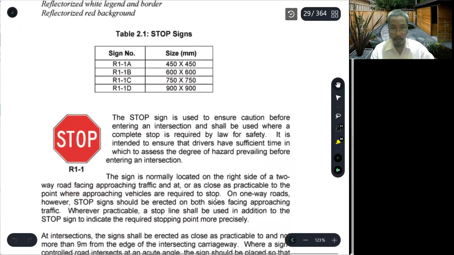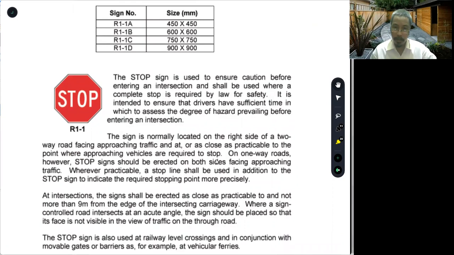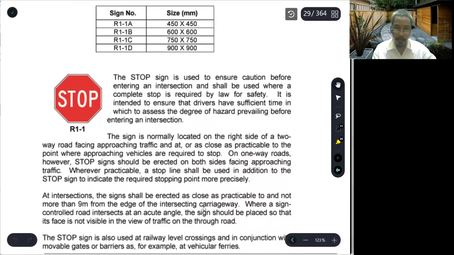Stop sign is used to ensure caution before entering an intersection. It shall be used where a complete stop is required by law for safety. It is intended to ensure that drivers have sufficient time in which to assess the degree of hazard prevailing before entering an intersection.